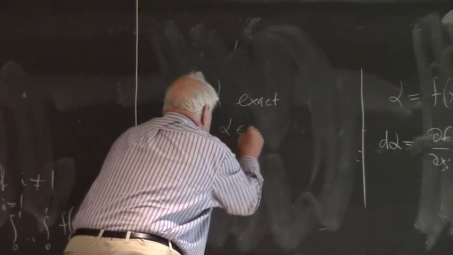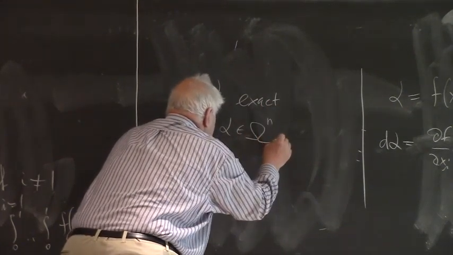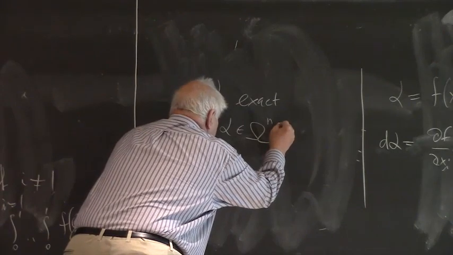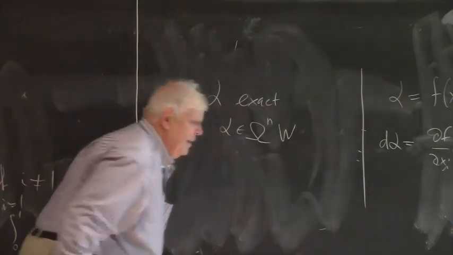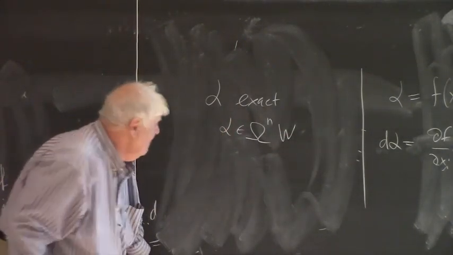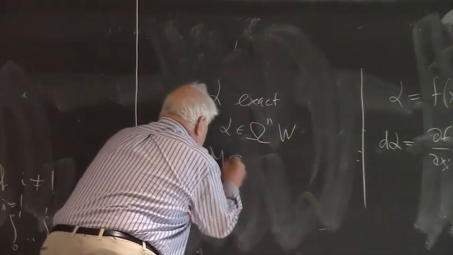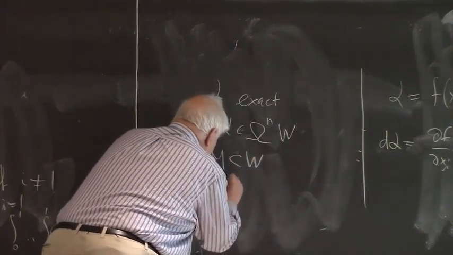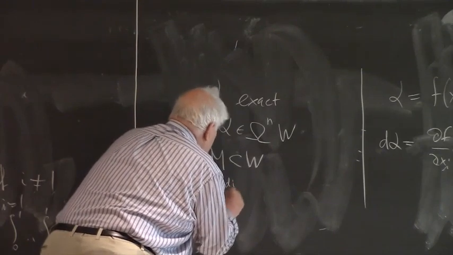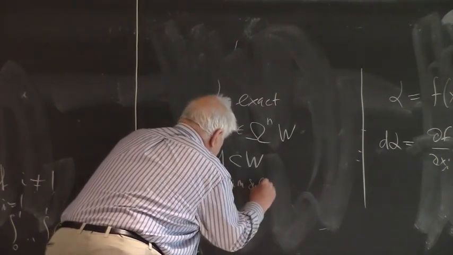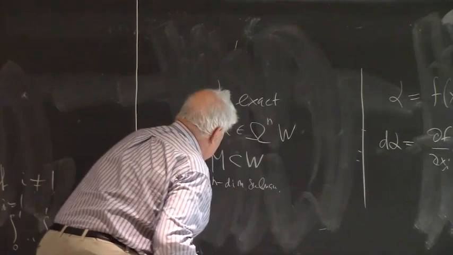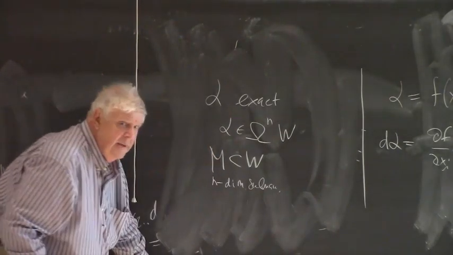So α is in Ωn of W. W is a manifold of dimension maybe more than n. Now M, an n-dimensional submanifold.